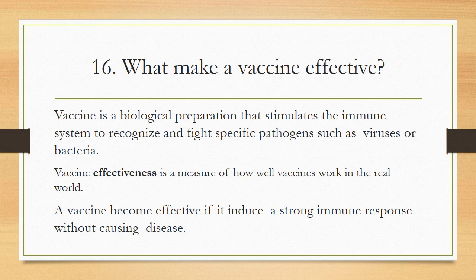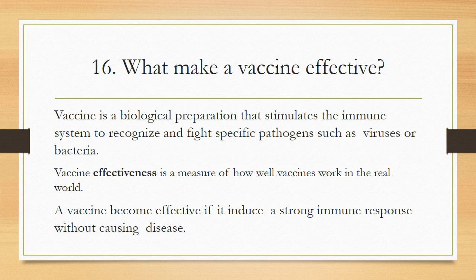The last question was asking what makes a vaccine effective. So here you have to understand what a vaccine is. Before we talk about the effectiveness of vaccine, firstly you have to understand what a vaccine is. A vaccine is a biological preparation that stimulates the immune system to recognize and fight specific pathogens such as viruses or bacteria.